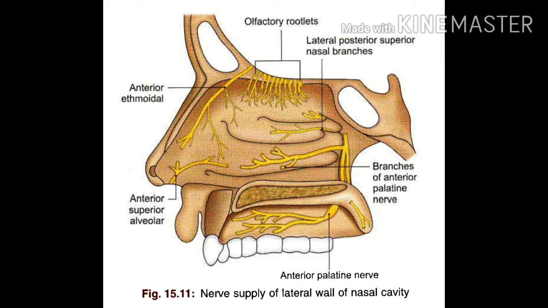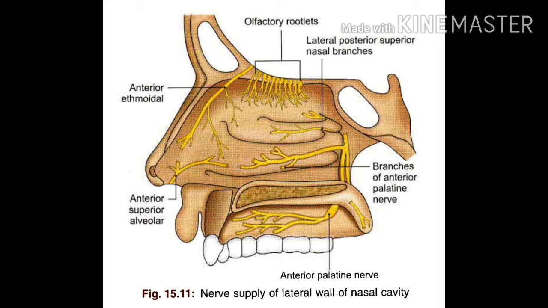Okay, now coming to the superior part. Yeah, the posterior inferior part is supplied by the nasopalatine branch of the pterygopalatine ganglion, and the posterior superior part, now I will tell you, it is supplied by the medial posterior superior nasal branches of the pterygopalatine ganglion.